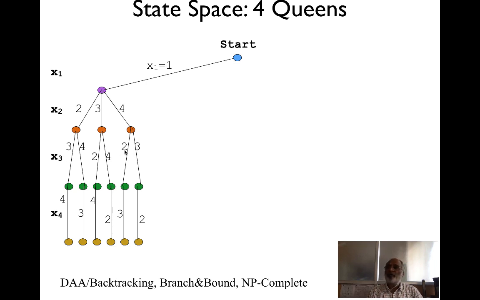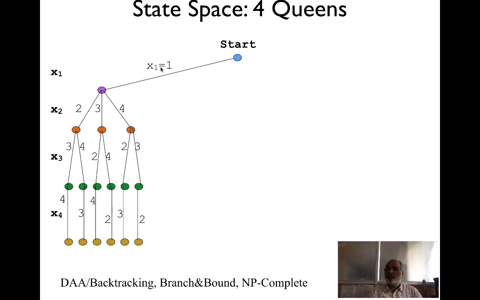If x3, for column 3, takes value 2, then variable x4 for column 4 can take value 3, or if variable x3 takes value 3, then x4 will take value 2. Now we have explored all 3 possible values for x2, so we backtrack to variable x1.